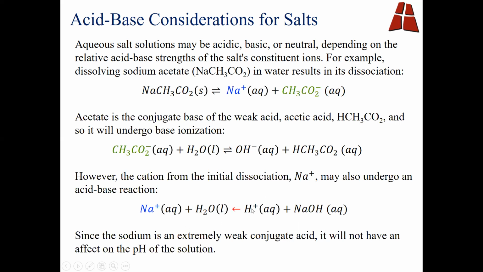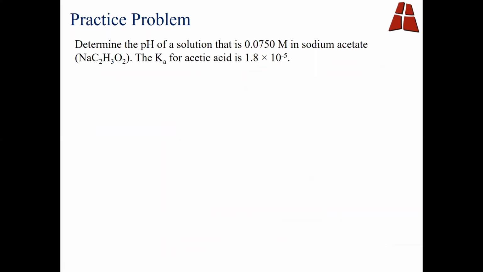And so the solution overall would end up being basic because we have only one ion that is going to react with water in any meaningful way to affect pH. Okay. Right, and so let's go through some of the math for how a problem like this would go.